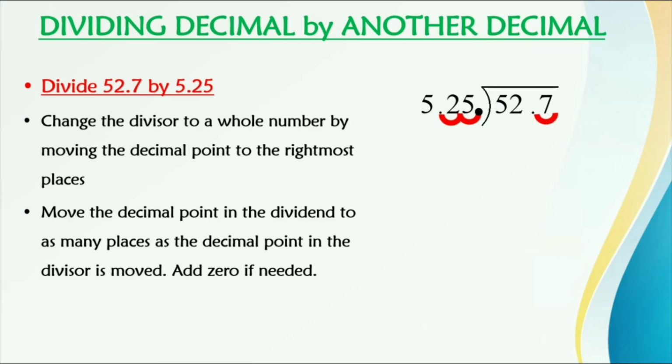And then, after nating magawang whole number yung ating divisor, okay, move the decimal point in the dividend as many places as the decimal point. Okay, kung ilang beses natin na-minove yung divisor, since here, minove natin ng 2 places to the right, magmumove din tayo ng 2 places to the right dun sa ating dividend from the decimal point.